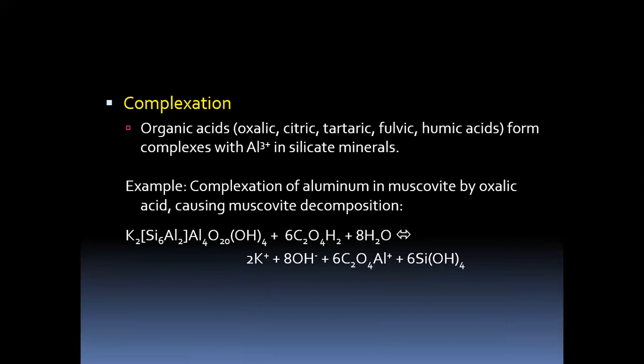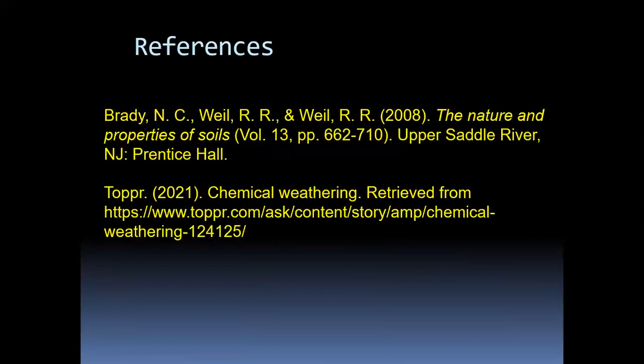By removing the aluminum and the silicon from the structure of the minerals, it becomes weaker and can be broken down easily. An example is what happens to muscovite, when through the complexation process the aluminum is removed, causing the decomposition of this muscovite. So that's all about this lecture, and I'll meet you in the discussion session.